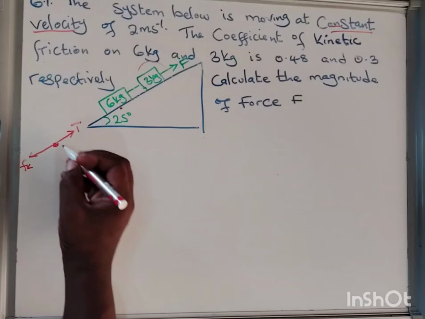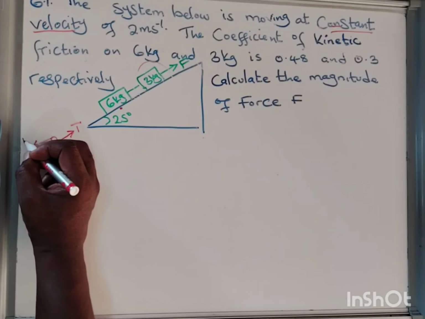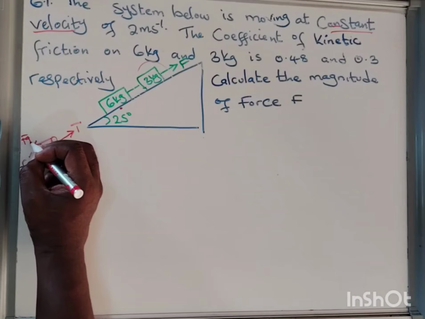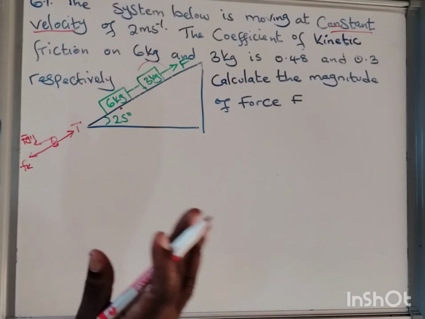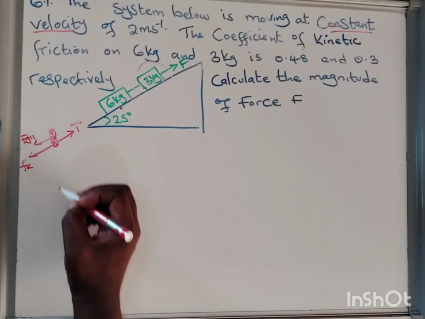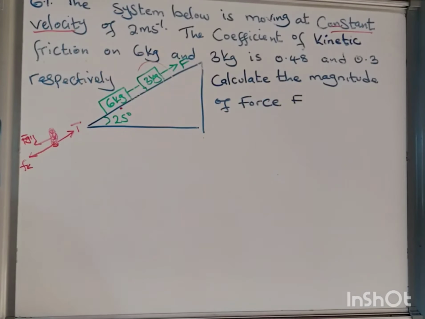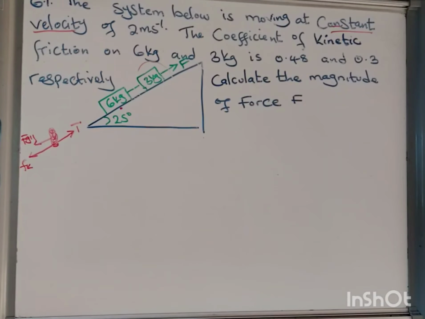We also have the parallel component of the gravitational force, which is always acting downwards. We are going to ignore the vertical forces because they do not contribute to this system in this case.